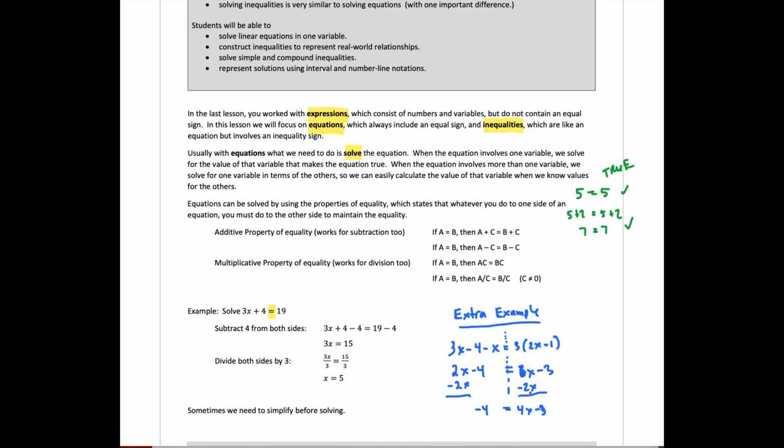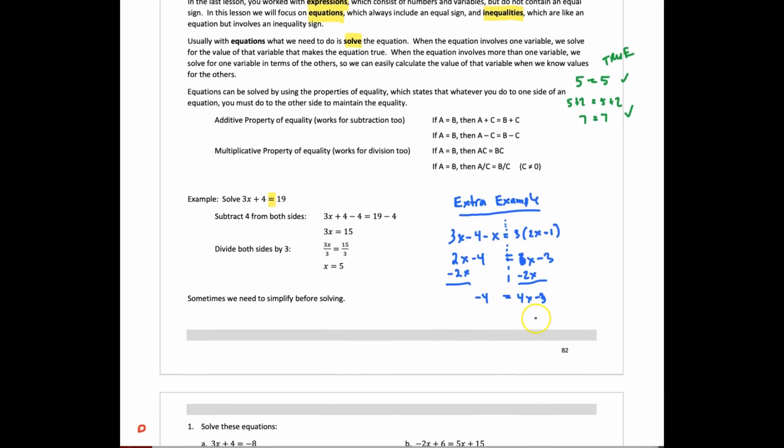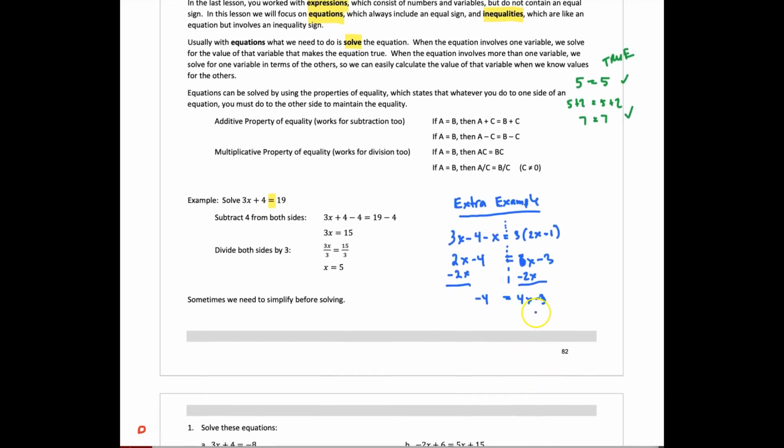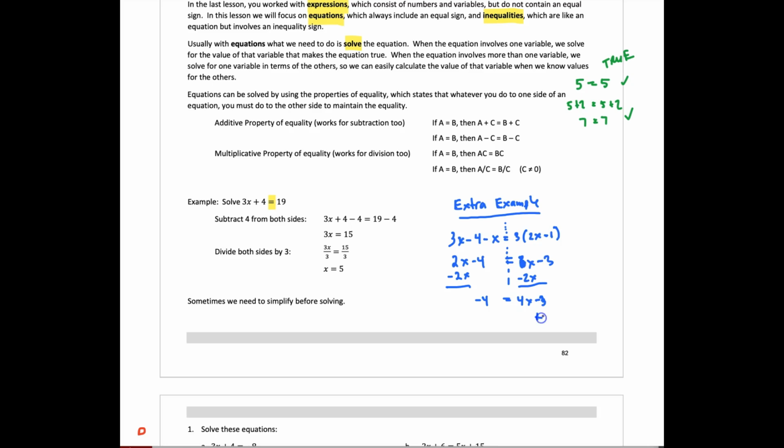Now the next step would be I need to isolate x, so you're going to add 3 to both sides. In this case, you get 4x equals negative 1.